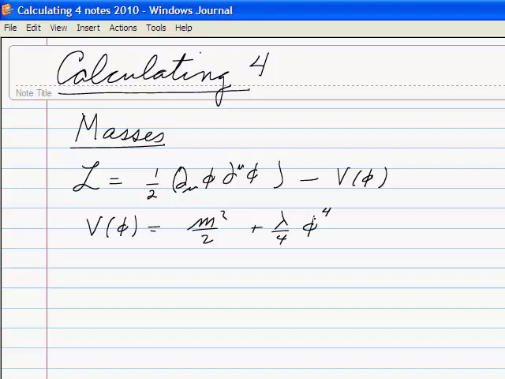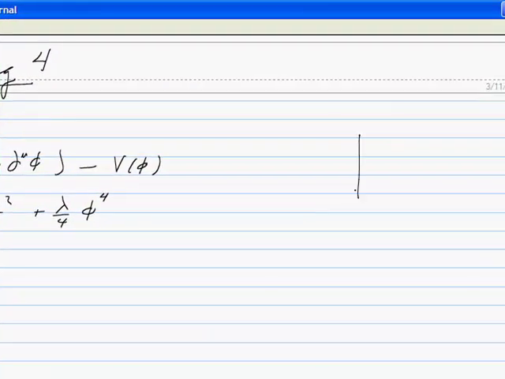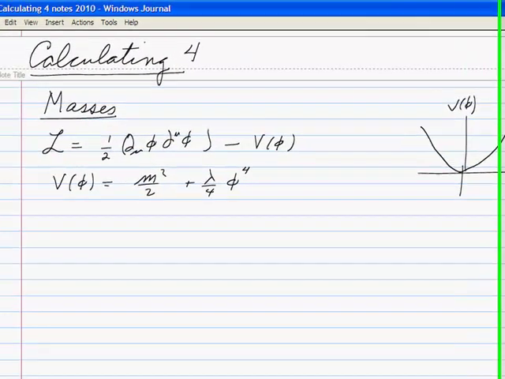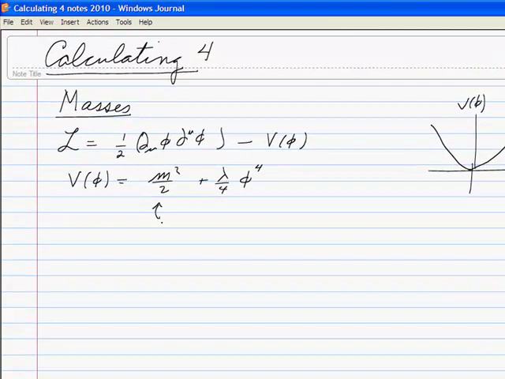So this is our typical phi to the fourth theory. The picture of V of phi versus phi curves up, and it's pretty straightforward. In this case, the mass of the particle is just m.